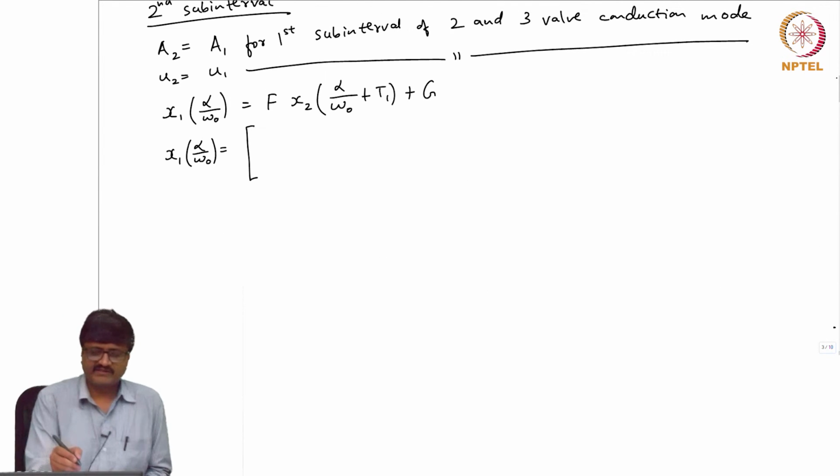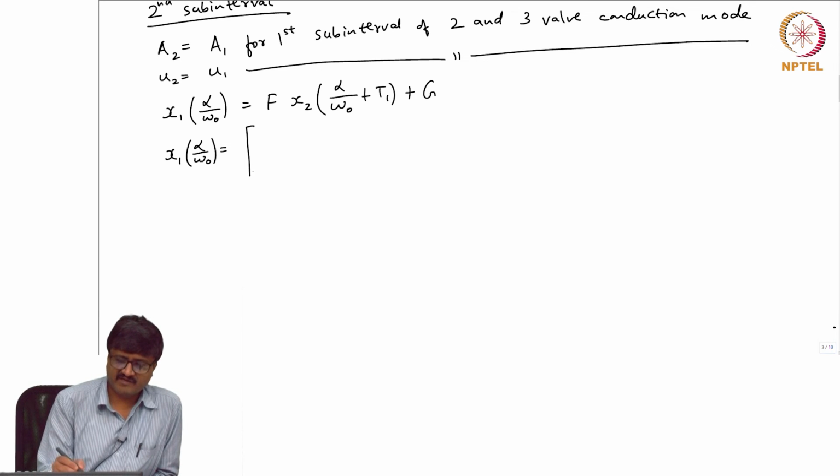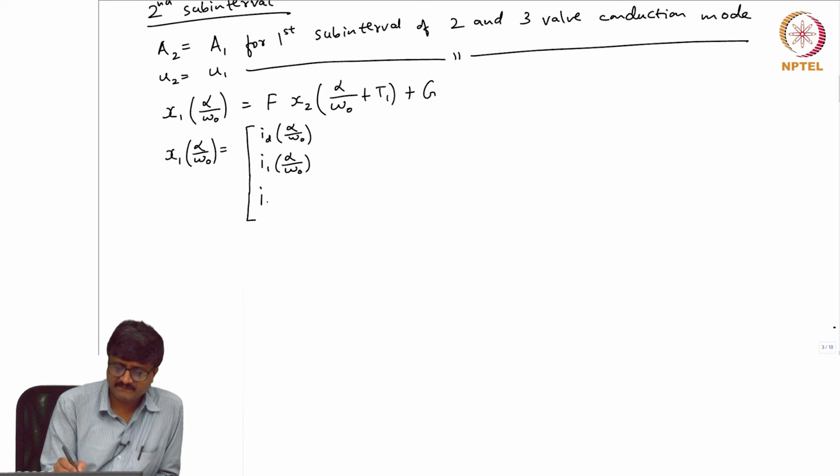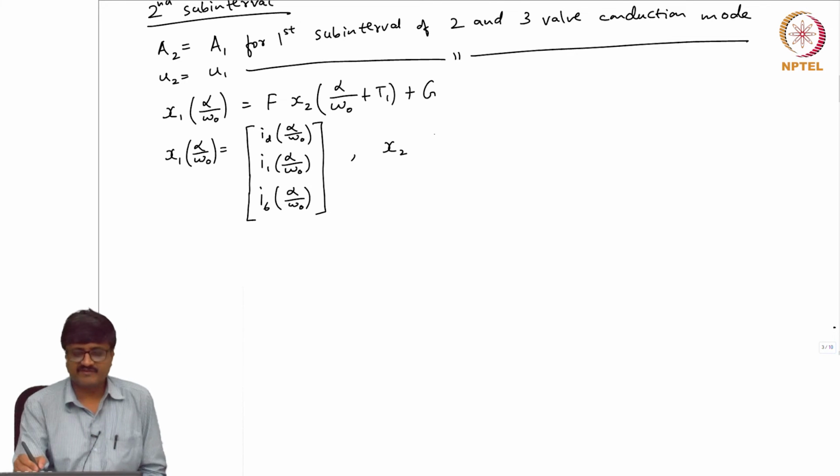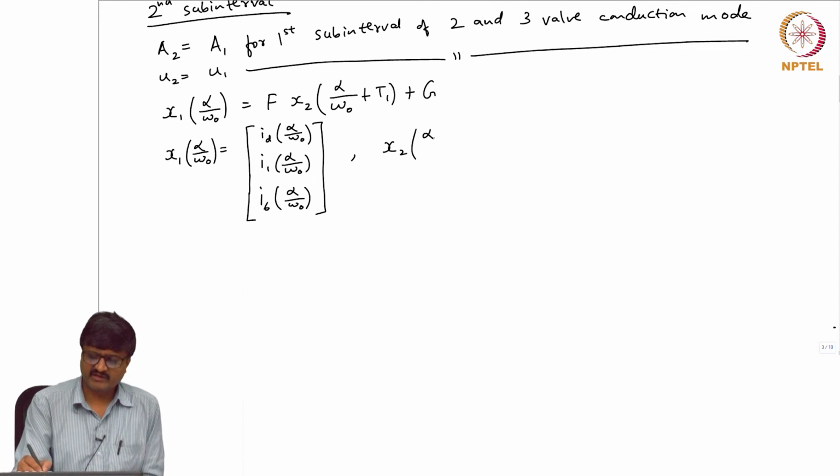So, it is ID at alpha by omega O, I1 at alpha by omega O and I6 at alpha by omega O. And the first term on the right hand side is x2 at alpha by omega O plus T1.